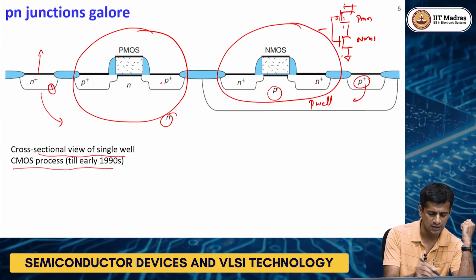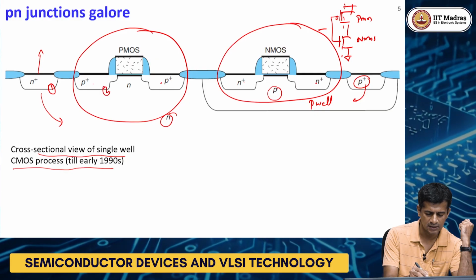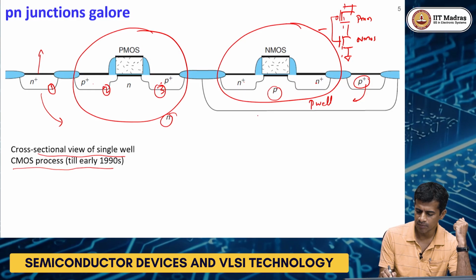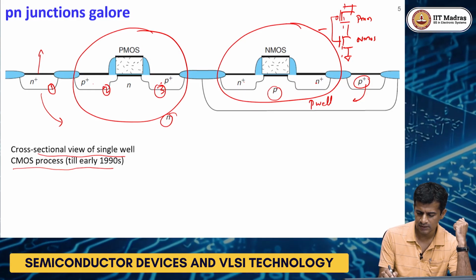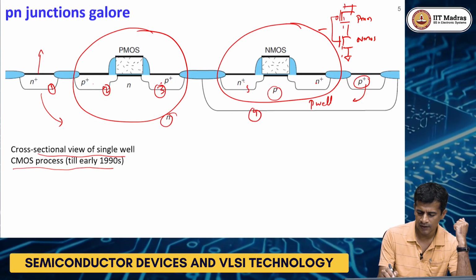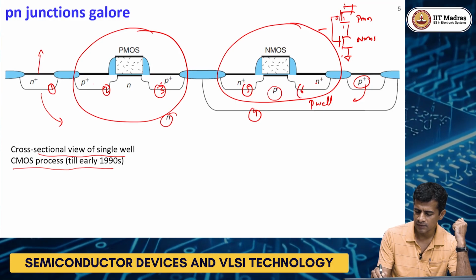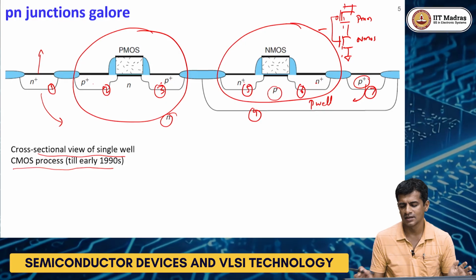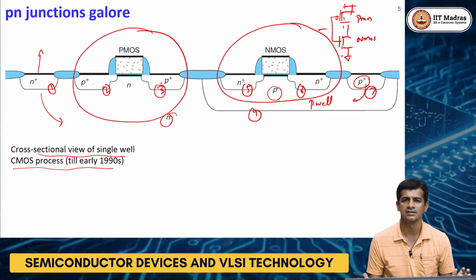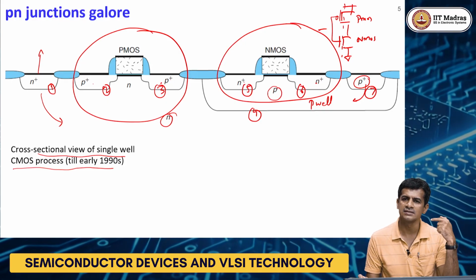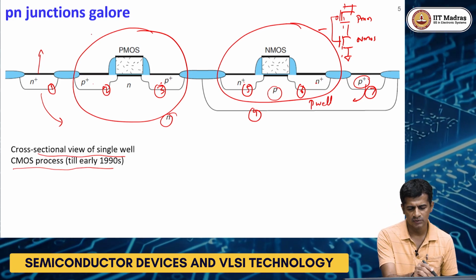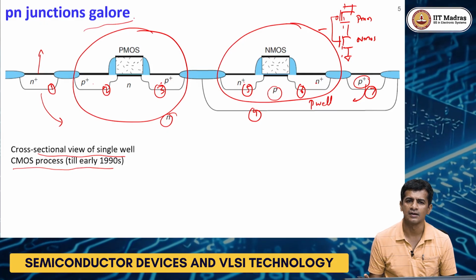This is one junction, a second junction here, a third junction here. Then between the well and the substrate you have another junction, that is the fourth, this is 5, then 6, then there is a 7. So in this structure itself you can count 7 junctions, just to create a simple NOT gate. That is why the junctions are everywhere actually.